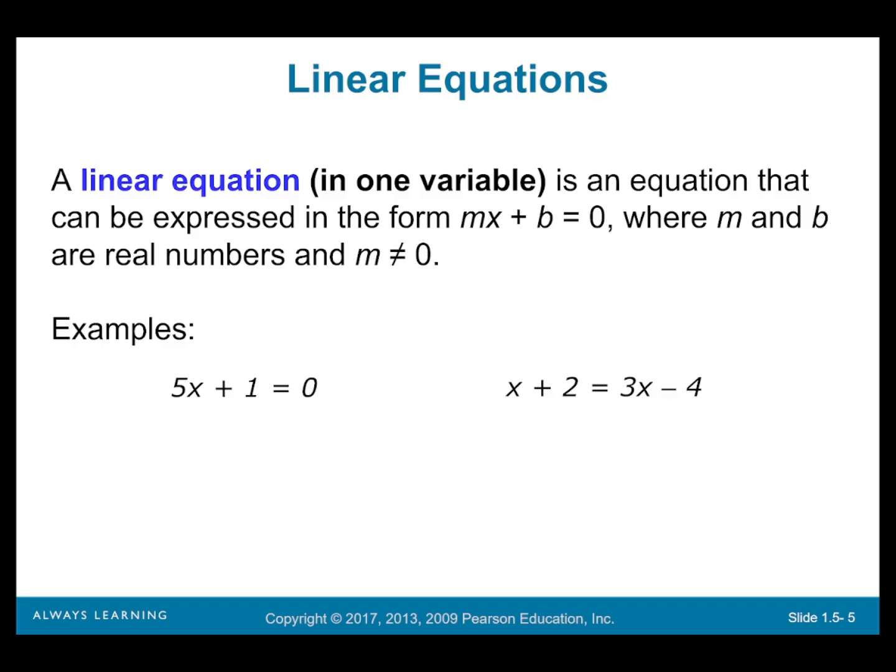If I add 4 to both sides, I get x plus 6 equals 3x. Now I subtract 3x from both sides, and I get x minus 3x, which is minus 2x, plus 6 equals 0. So even this equation can be written with equals 0 as soon as I move terms to the other side.